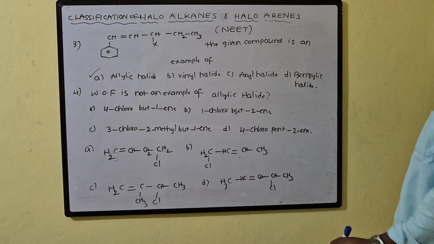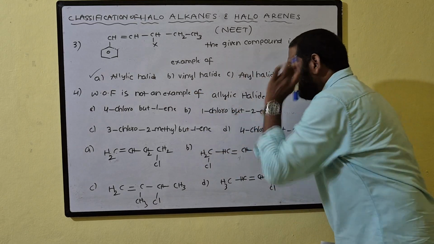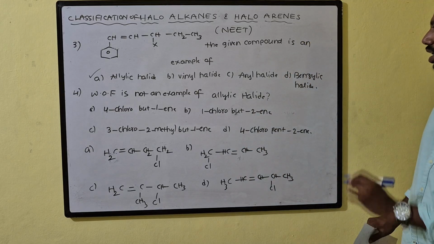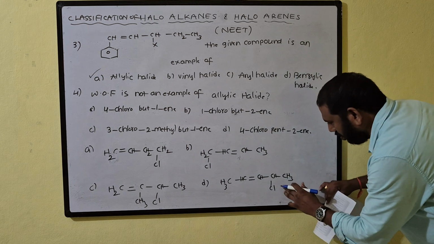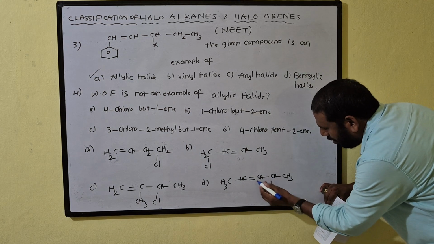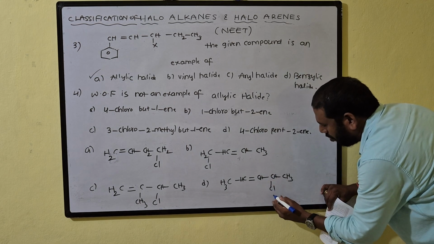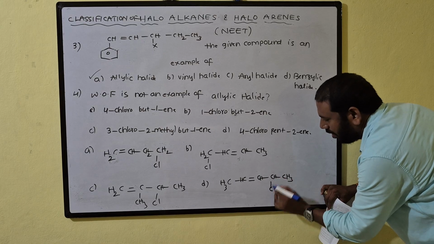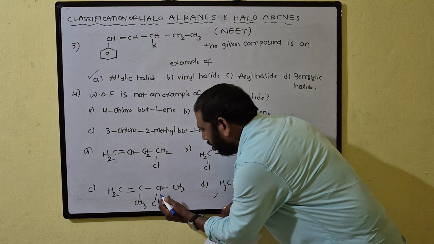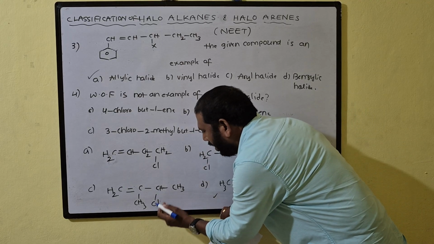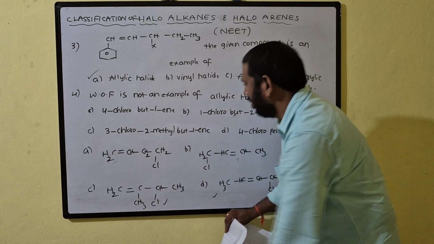Now, which is not an example of allylic halide? Let's check. This is an allylic carbon because this carbon is attached to a double bonded carbon. So the halogen is directly attached to an allylic carbon. It is an allylic halide. This is also an allylic carbon, so it is an allylic halide.